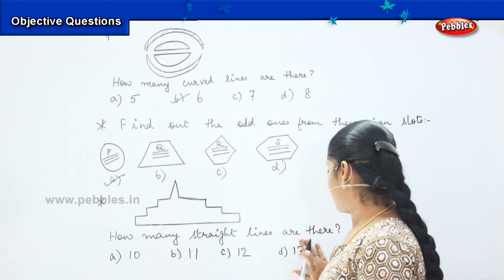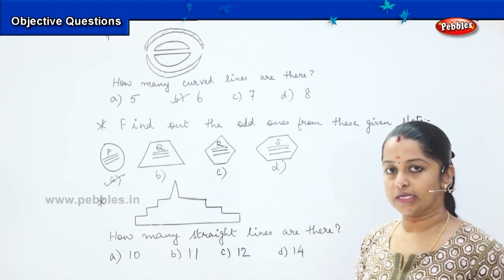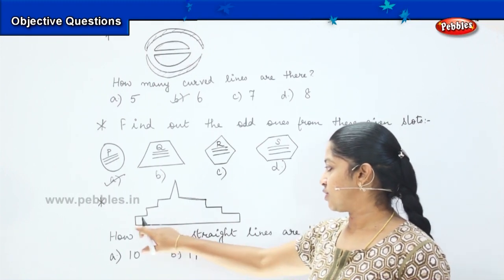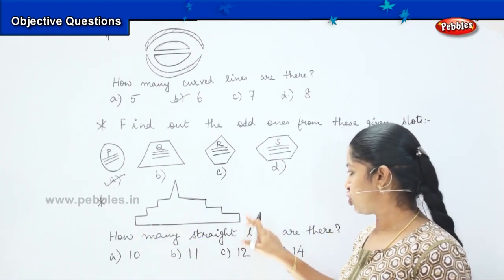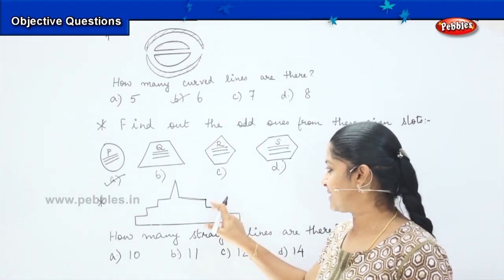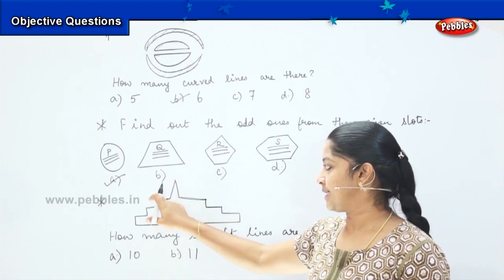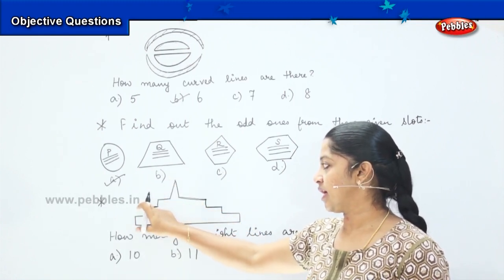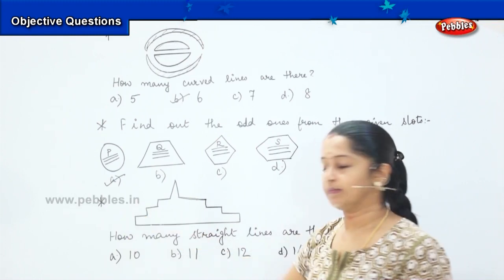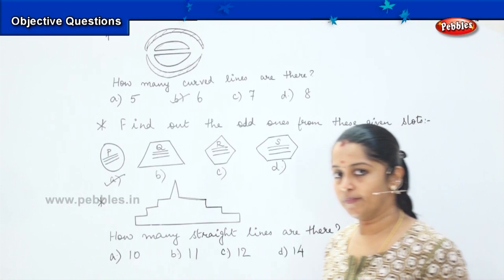So how many are there? There are 14. Shall we count again? It's 1, 2, 3, 4, 5, 6, 7, 8, 9, 10, 11, 12, 13 and 14. Okay? Are you sure?